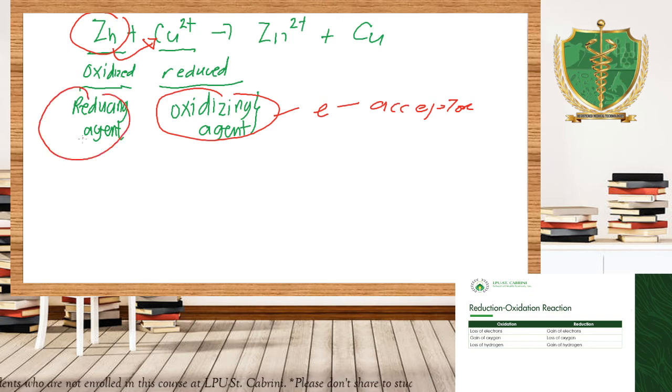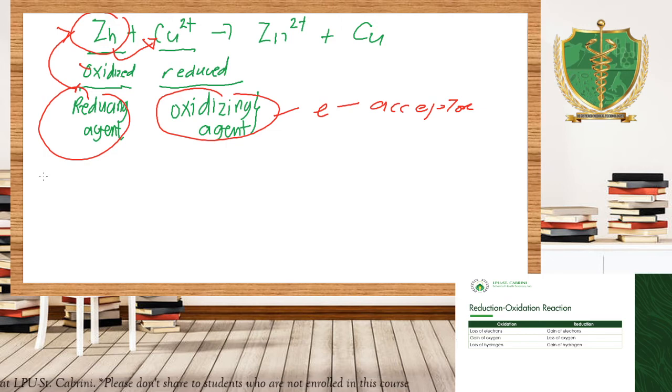When we say reducing agent, that is the reactant that loses electrons to an electron acceptor. Nag-lose ba ng electron ang ating zinc? Yes. Kaya siya oxidized. Siya yung reducing. Siya yung nabawasan. I hope you can follow.